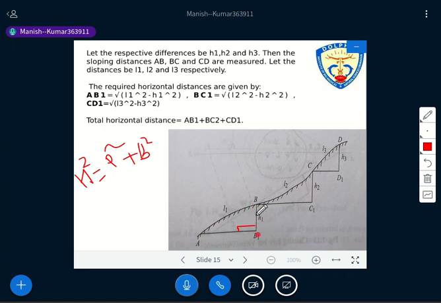You can say that H1 is the height. Since we have to find this horizontal distance AB1, horizontal is the base, so base will be what?